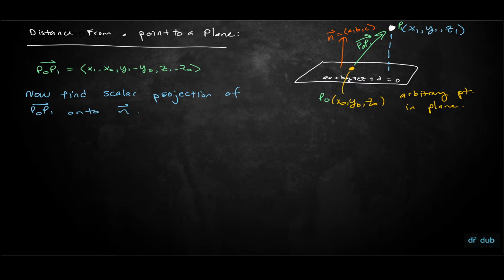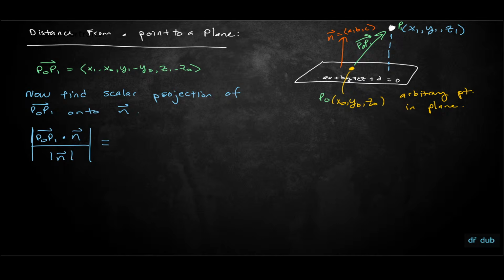that formula is p0, p1 dotted with n over the magnitude of n, and we're going to take the absolute value just to get a positive distance.